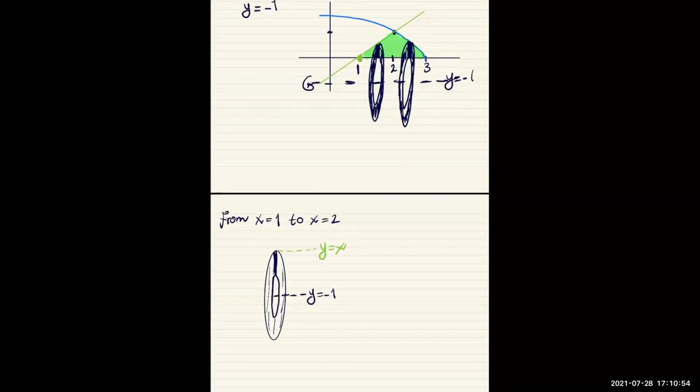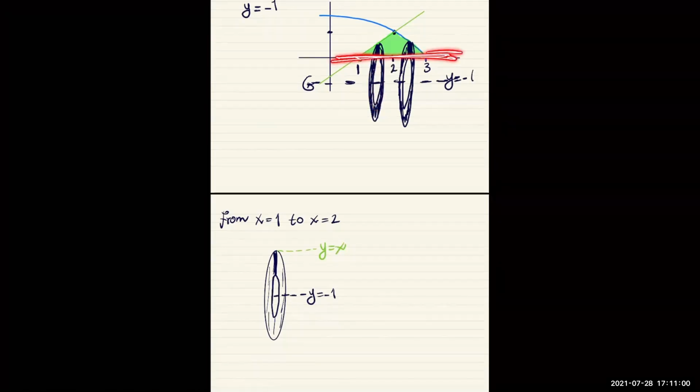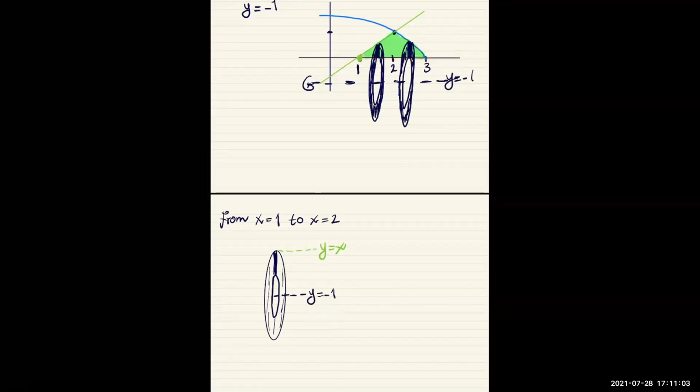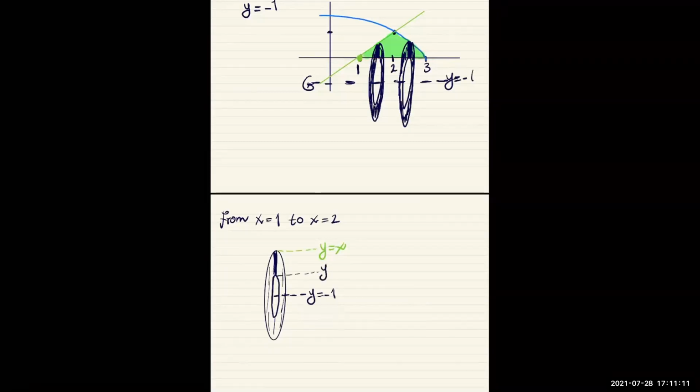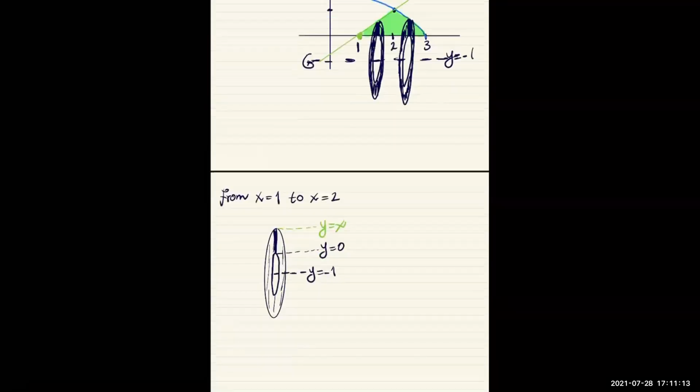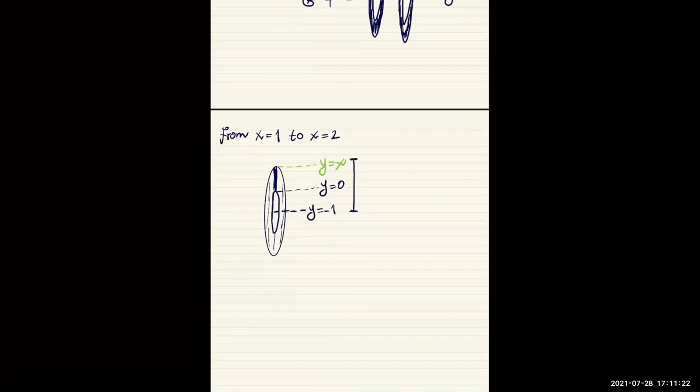And the inner circle, this point is on the x-axis, which is y equal to 0. Oh, I'm sorry, y equal to 0, not x. So we can find the outer radius and the inner radius.